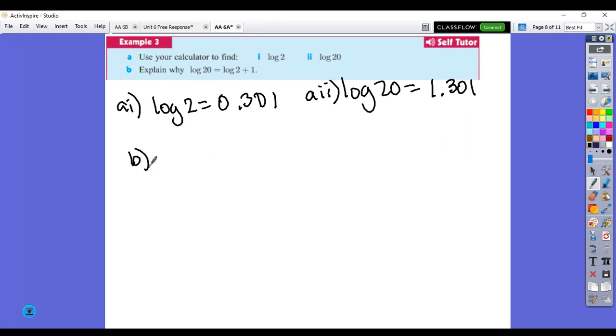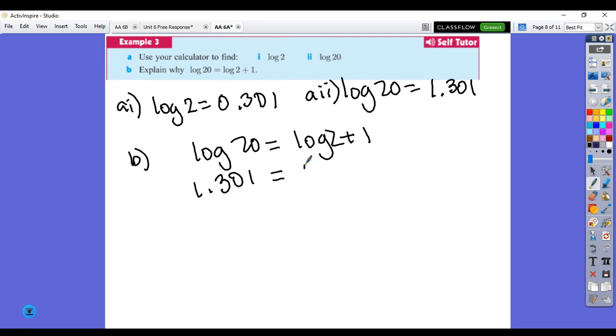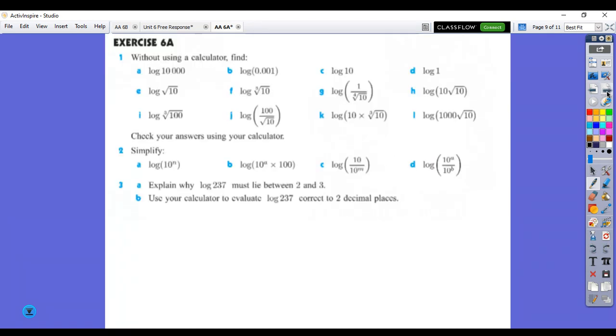So it should make sense. Log of 20 equals log of 2 plus 1, because log of 20 is 1.301. Log of 2 is 0.301 plus 1 equals 1.301. All right. And that's it.